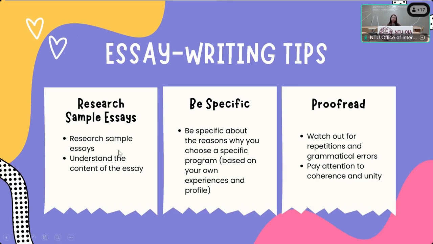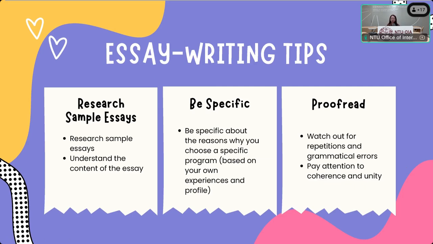And we need to be as specific as possible. It is important to be specific about why we choose a program based on our own experiences and our own profile. If we're too general, everyone else can be general. For instance, saying I want to apply for the Department of Economics because it is one of the best departments of economics in Taiwan, other applicants could mention the exact same thing.